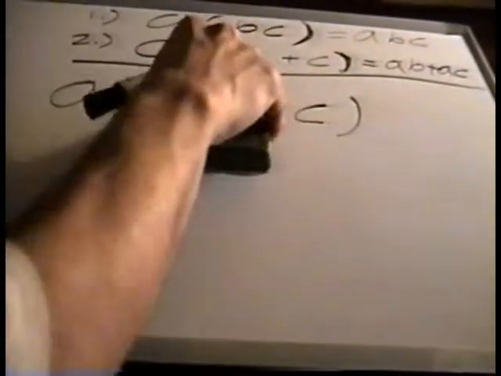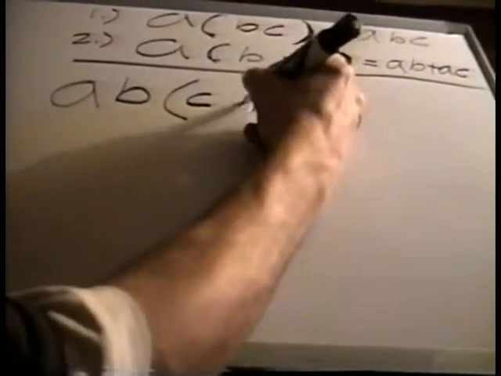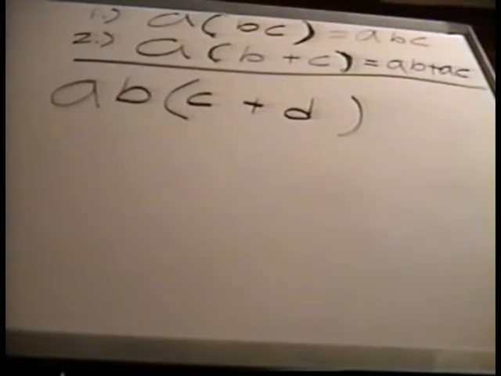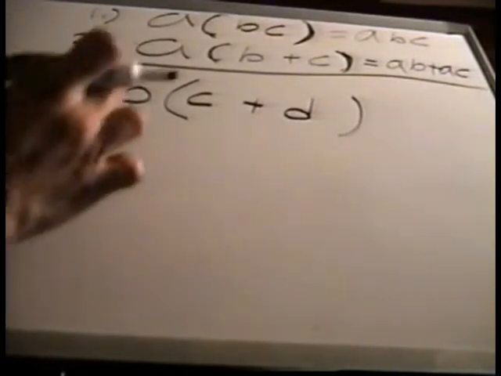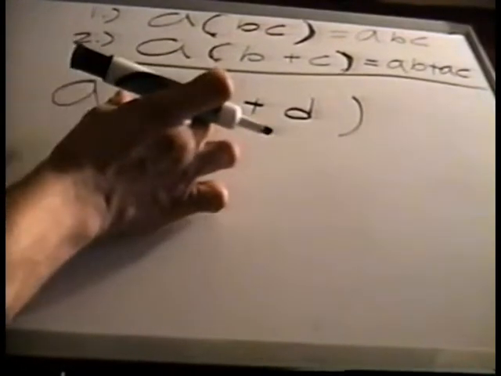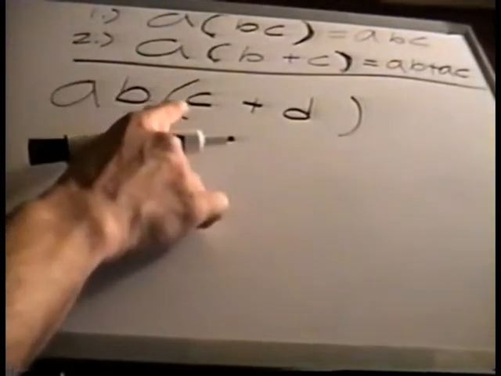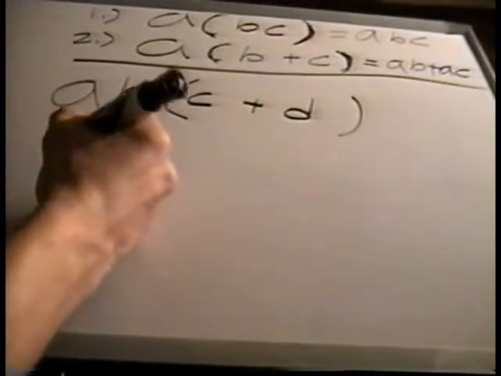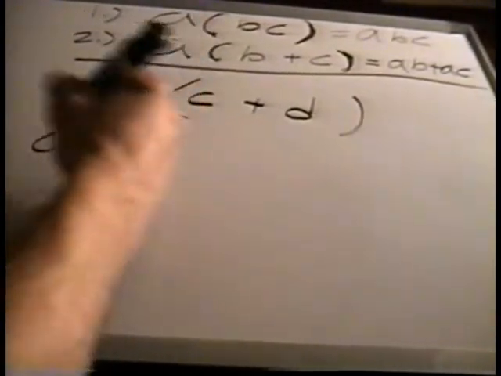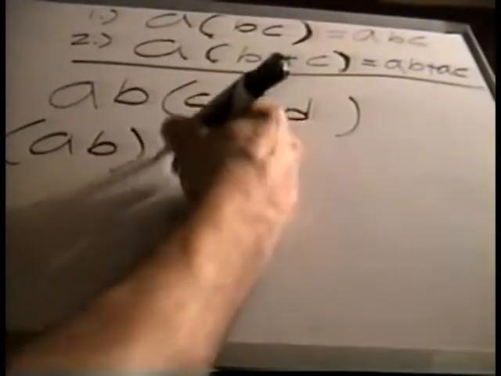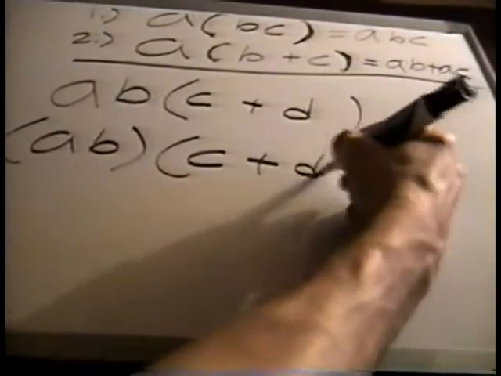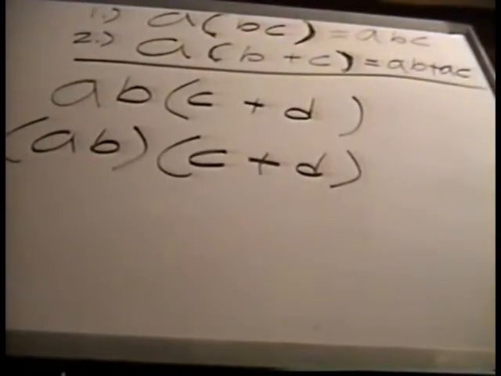BC is the product. Within the whole term BC, you have two terms that produce the product. B and C are two terms within the one term BC, and both B and C function as multiples or factors.